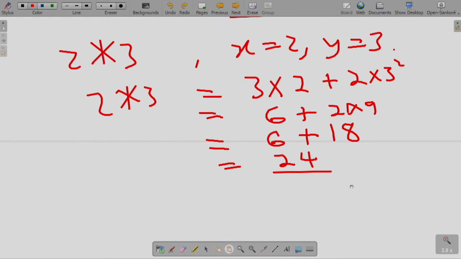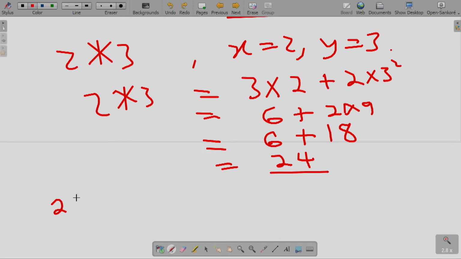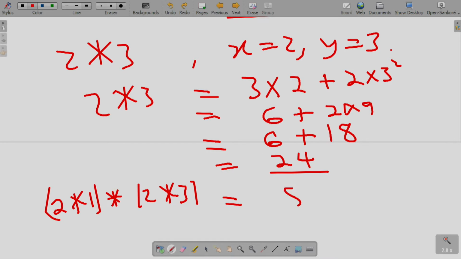Now let's find the value of 2 star 1 star 2 star 3. But this is equal to 8. This one is equal to 8, and this one is equal to 24. So this is equal to 8 star 24.